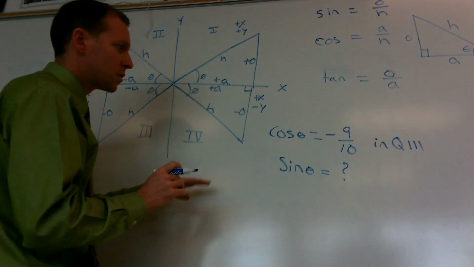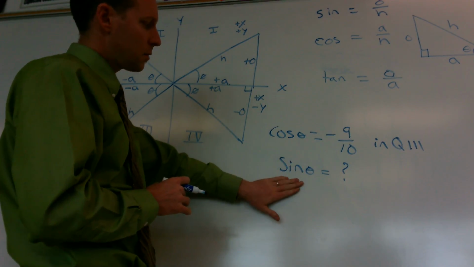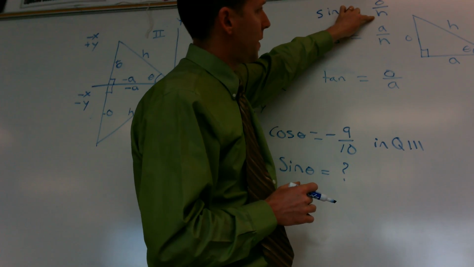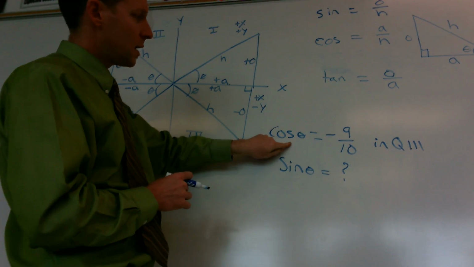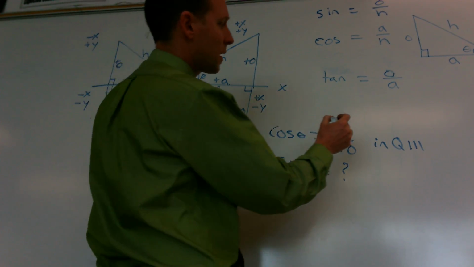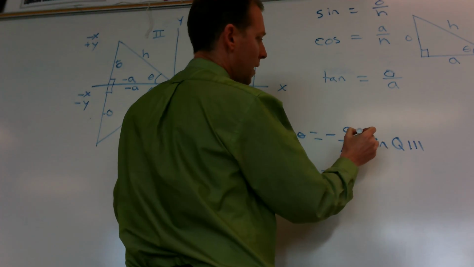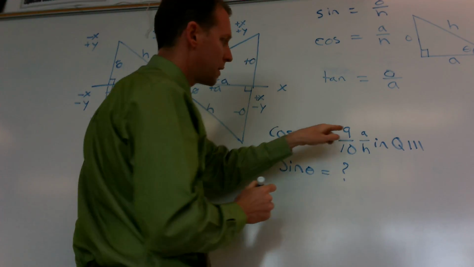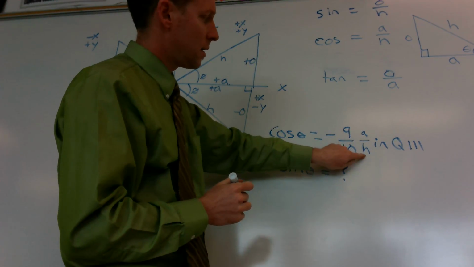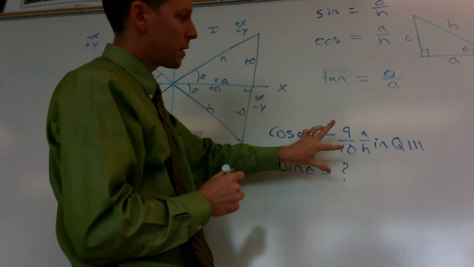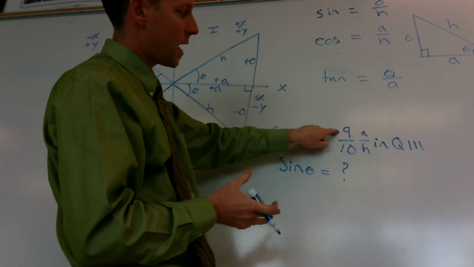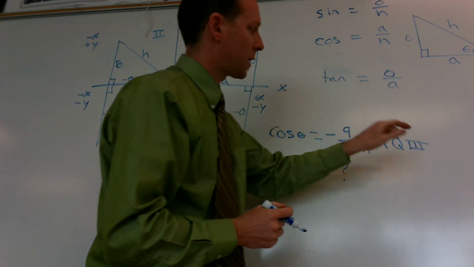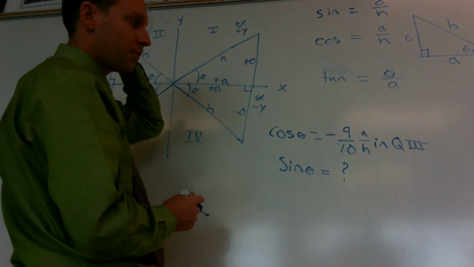Okay. So for sine theta, we need opposite over hypotenuse. If we're given cosine, what we're given is adjacent over hypotenuse. So we know adjacent, and that one's hypotenuse. What we don't know is whether the negative is on the 9 or the 10. But we can look at quadrant 3.